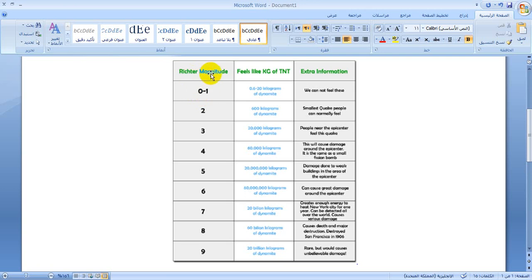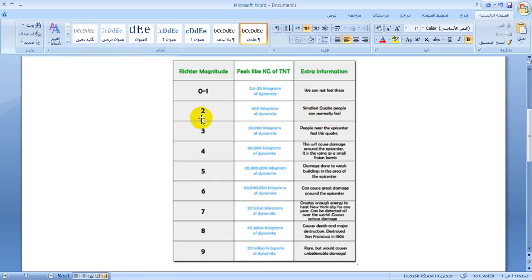Whereas when the Richter magnitude is 2, the second column shows that it is equivalent to 600 kilograms of dynamite, and the information in the third column shows us that it is the smallest quake people can normally feel.